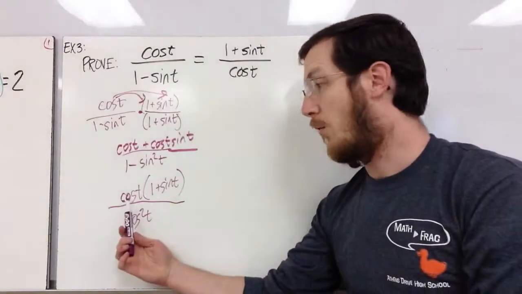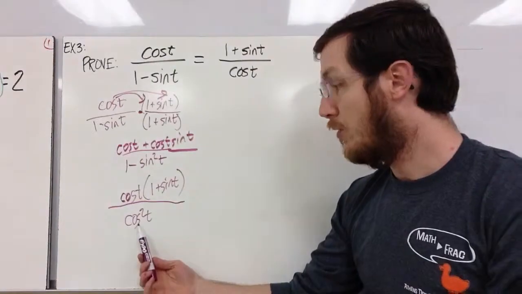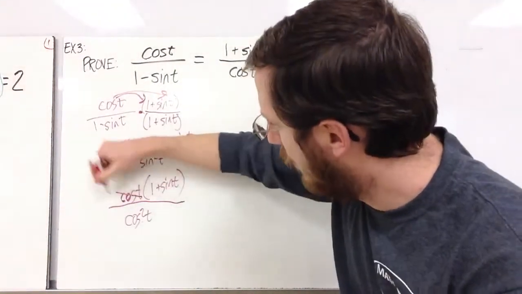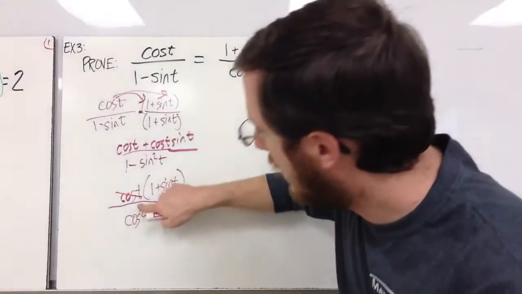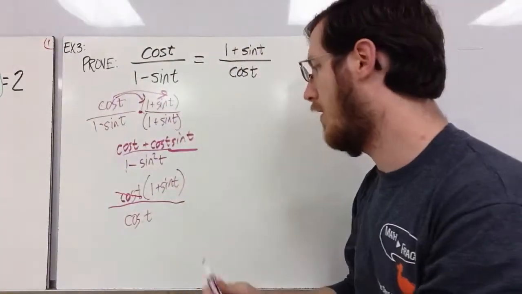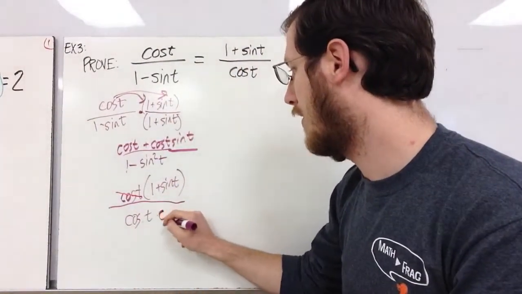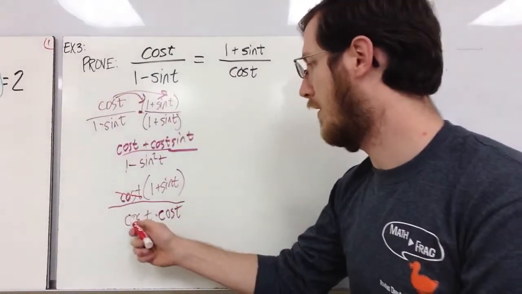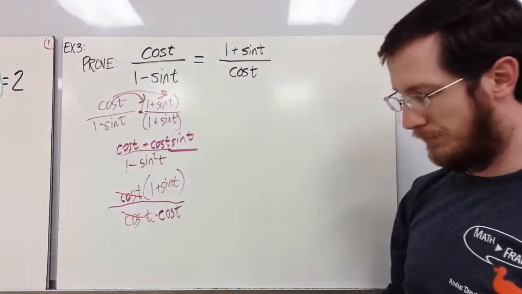So now notice we've got one factor of cosine in the top, two factors of cosine in the bottom. So this one we can get rid of. And this is really cosine of t times cosine of t. So we can slash through one of those factors.